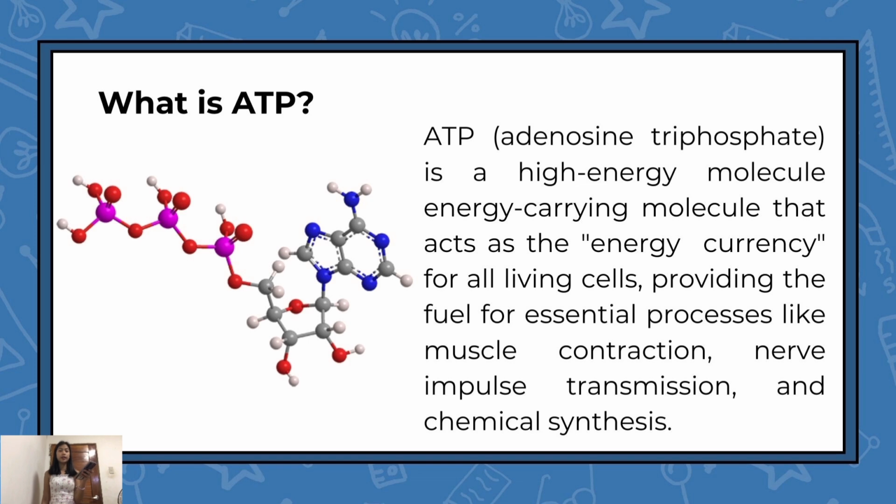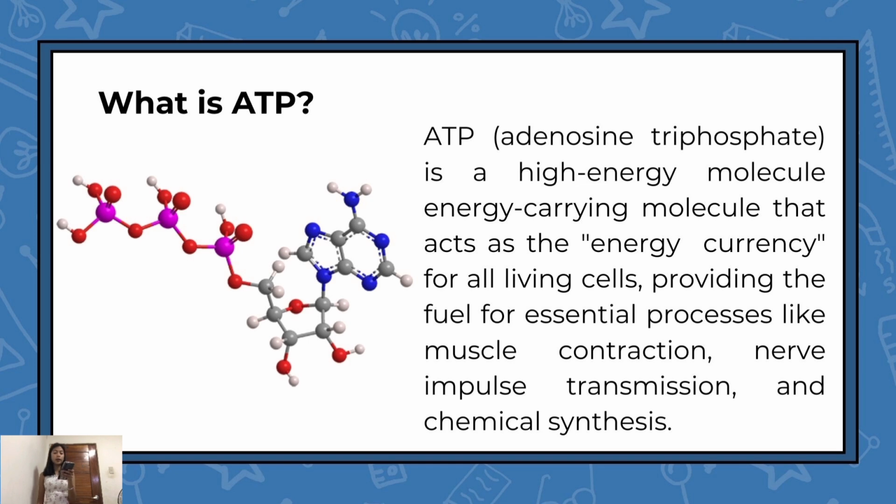Its structure: there's a tree structure, adenine, ribose, three phosphate groups. Adenine, a nitrogenous base, ribose, a sugar molecule, and three phosphate groups where energy is stored. How it works: when a cell needs energy, ATP breaks down into ADP.